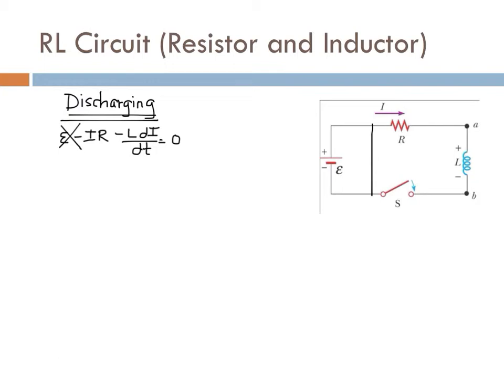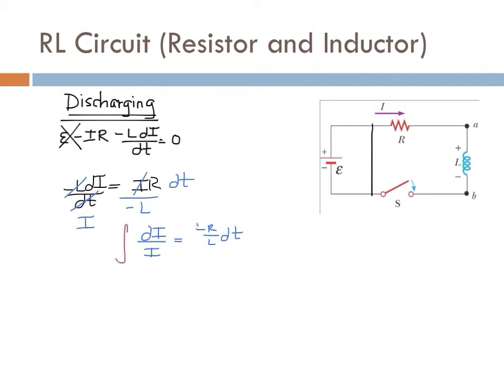So if we move IR to the other side, we have negative L dI/dt. We can move dt up and move L and the negative away from there, and we can move I down to the bottom so that it looks like dI over I is equal to negative R over L dt.